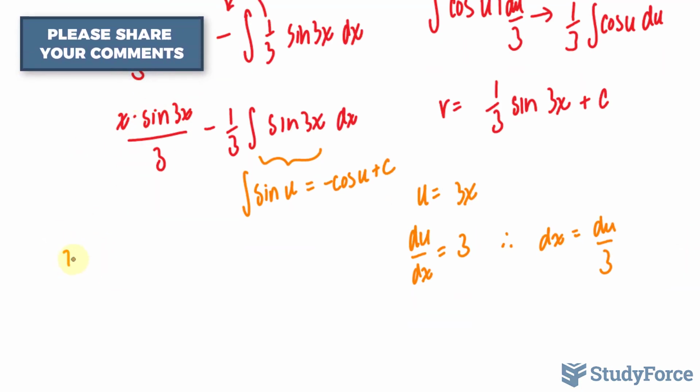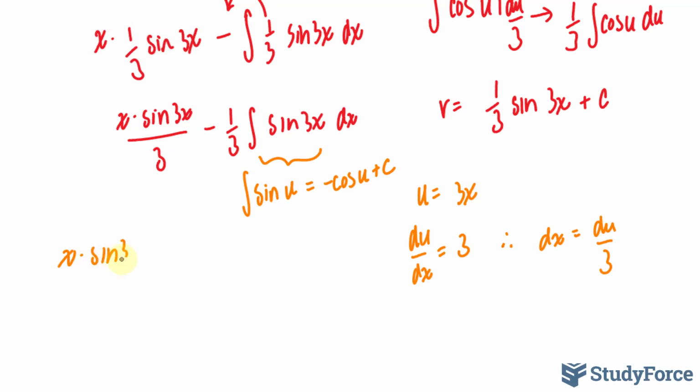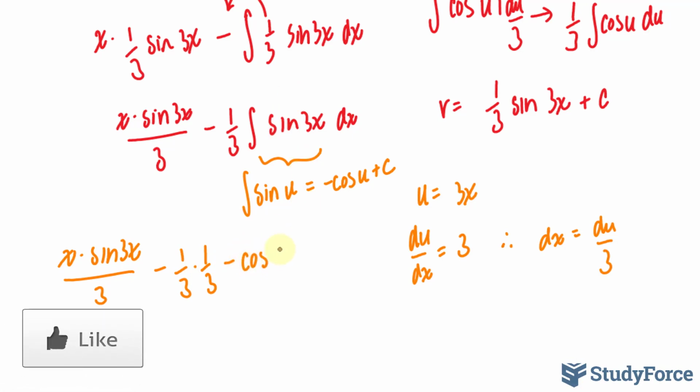So I'll rewrite this part, x times sine 3x over 3 minus a third. And remember, I'll replace this dx with du over 3, which I can then pull out as a third. So we have 1/3 times 1/3, and the integral of this is negative cosine u, which I'll replace back with 3x.